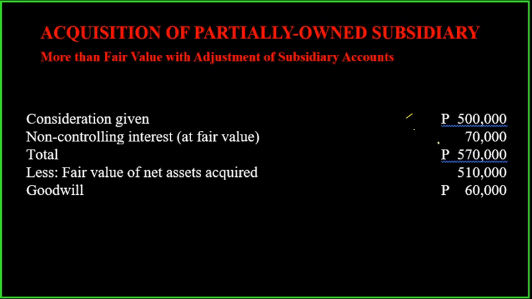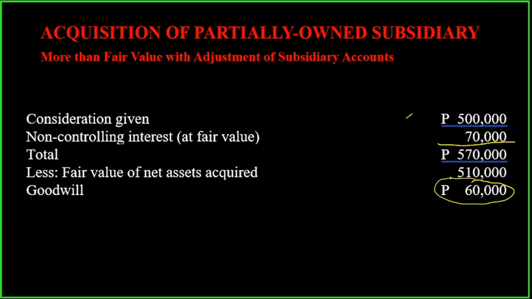You add that, and the total will now be compared with the fair value of the net assets acquired, which is 510. You will have a goodwill of 60,000 pesos.